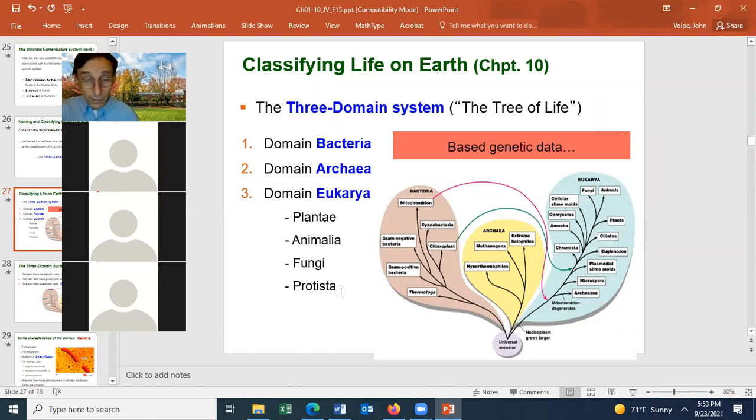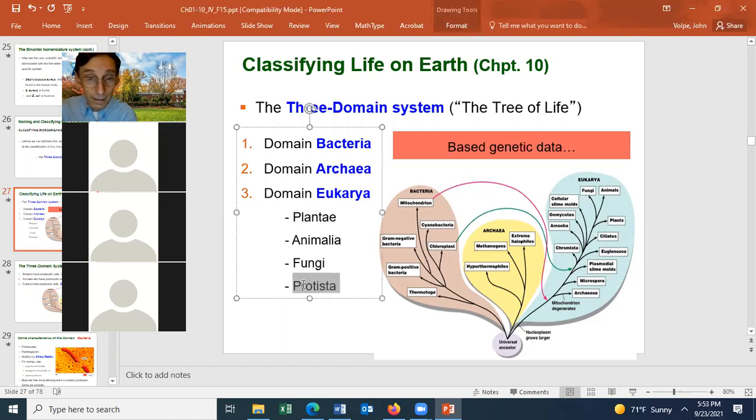In fact, when we looked at the kingdom Protista, it is defined as a eukarya that's not a plant, not an animal, not a fungi. So this is a collection of other organisms which are eukaryotes, which are not plants, animals, and fungi.